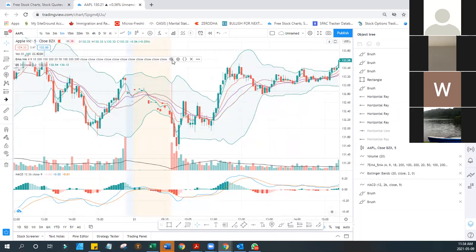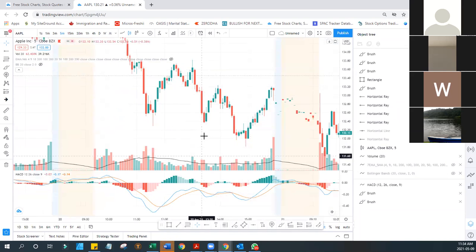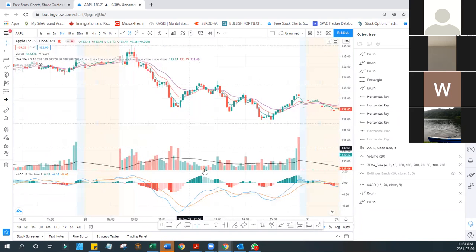Let's see the MACD. Let me just close this off and do the back testing for the MACD, just for the sake of improving and giving you more of an idea how the price works, right?